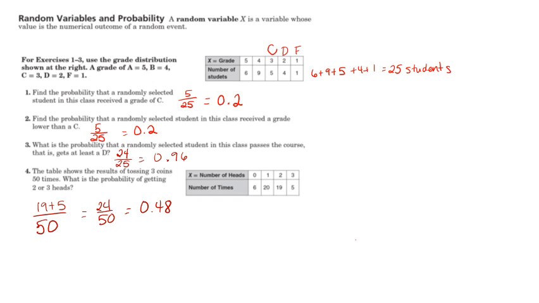So we can make a table of the events. We can use that to find some percentages. And again, the random variable is just putting a number basically to outcomes.